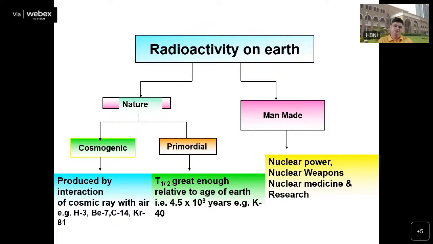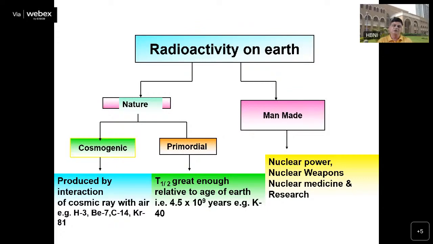In air we have a neutron flux of about 2.6 neutrons per square centimeter per second, and the intensity of the flux varies with latitude and longitude at different parts of the earth, but in general the average value is 2.6 neutrons per square centimeter per second. Because of these interactions, there is production of helium, beryllium 7, carbon 14, and krypton 81.